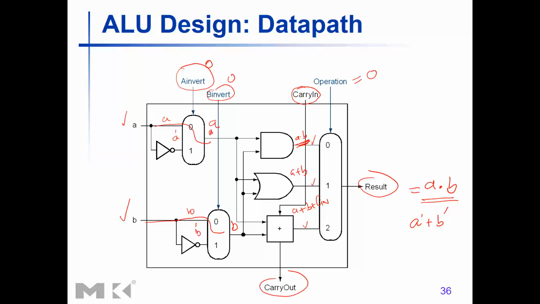Here, instead of selecting A or B in these muxes, I'll set it to 1, and that's where I'll get A prime, and I'll set this one to 1 as well and get B prime. Then A prime, B prime, and the operation should be set to 1 so that I select this one for the result. So you can see the simple ALU allows me to do a simple logic operation and a simple math operation for a single bit.